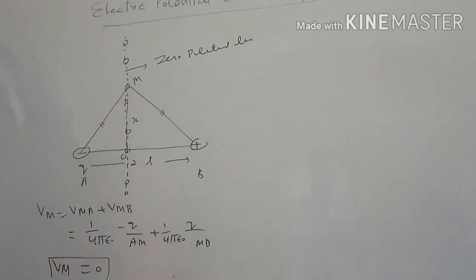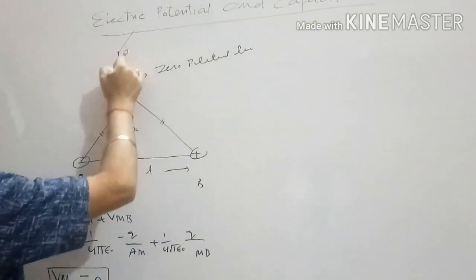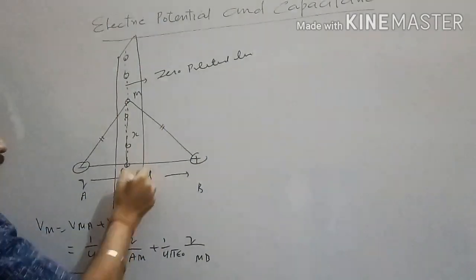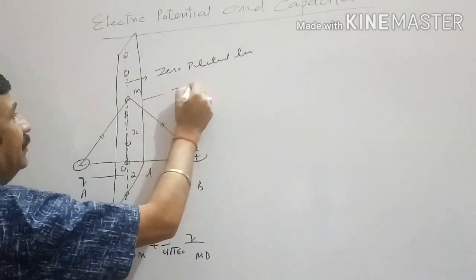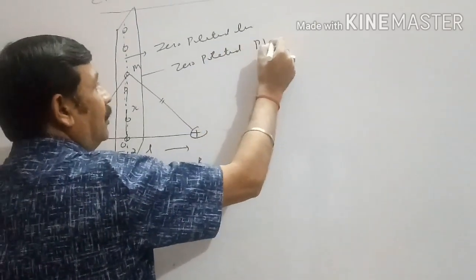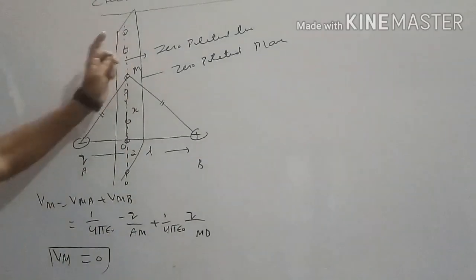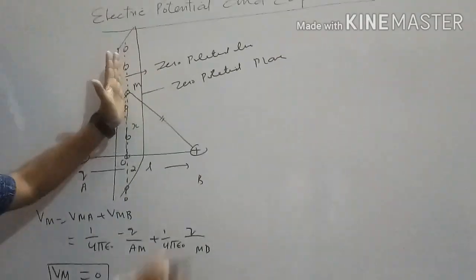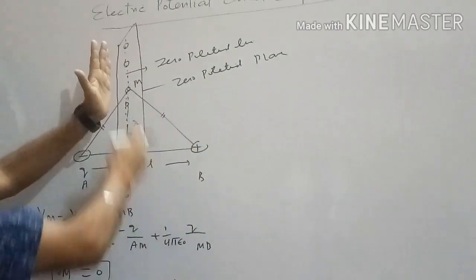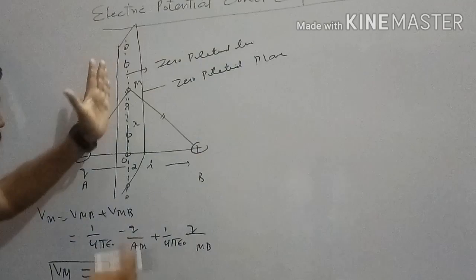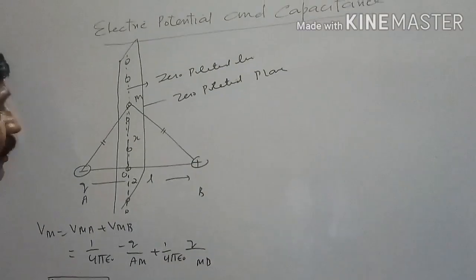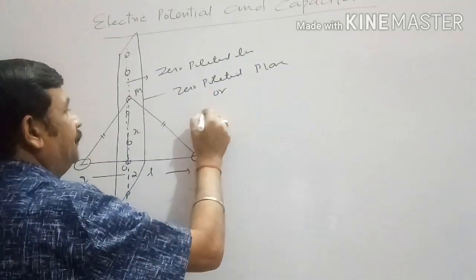And the plane perpendicular to this dipole is known as the zero potential plane, because on this plane also, let my hand be a plane, if we take any point on the plane, that point will have equal distance from both the charges. So here everywhere the potential will be zero. This is called the zero potential plane or equipotential plane.